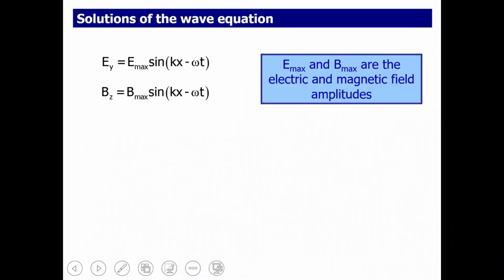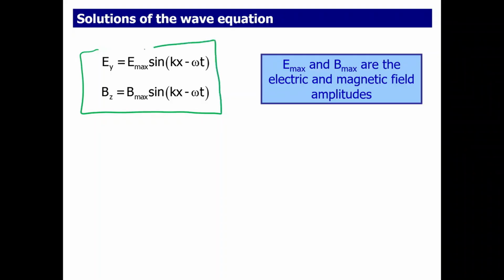Now, you would have to know partial differential equations to be able to solve those differential equations. You will never be expected to do that. But if you were to solve them, this is a pair of equations that represent the solution to those.